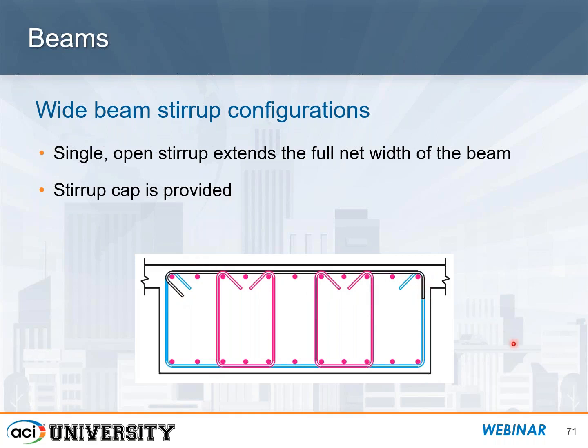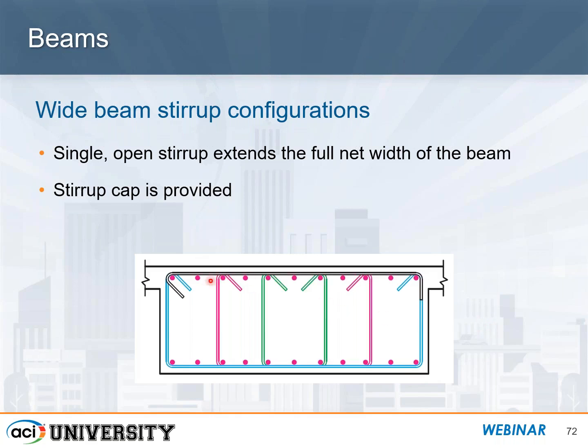That's a very viable solution. Or another viable solution is where you have the full stirrup traversing the entire width and your cap, and then instead of having 2 separate ones, you have this nested type of configuration. Either one is fine. It eliminates a lot of the issues that could happen in the field.